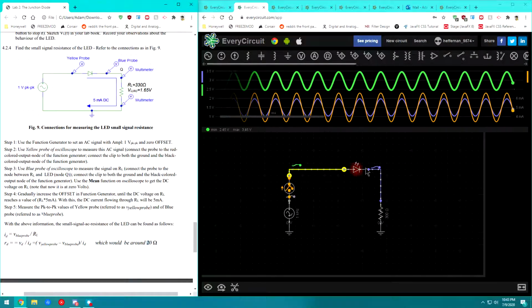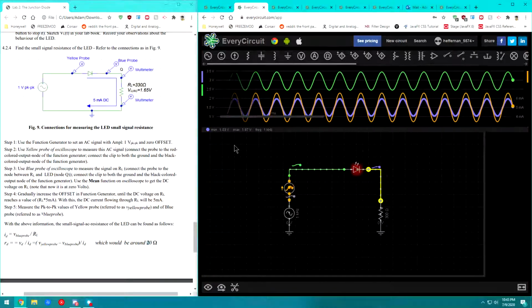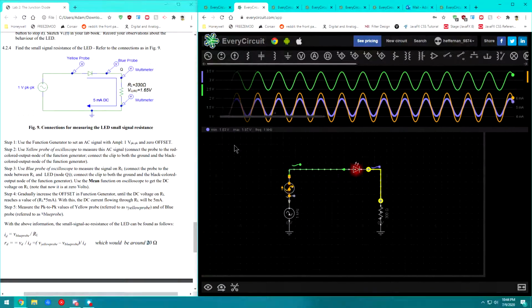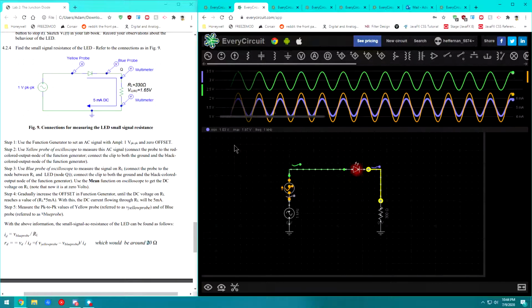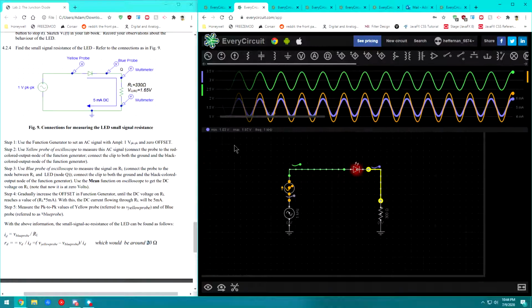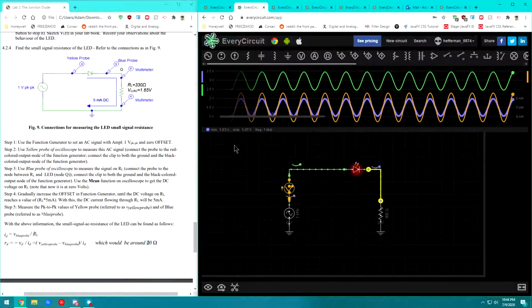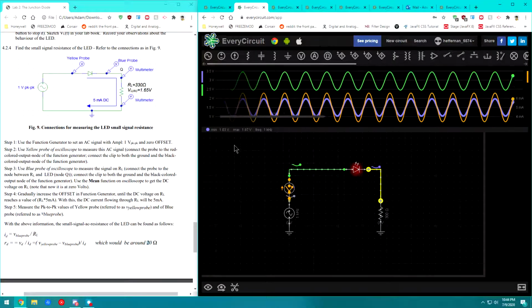So that being said, we'll look at our purple waveform here. So we're going to have 1.97 minus 1.03, which gives us 0.94, which is around 940 millivolts. So we'll go 1000 millivolts, which is 1 volt, minus 940 millivolts, gives us 60 millivolts, divided by 3.147, which is the current that we just found, and that's also in milliamps.